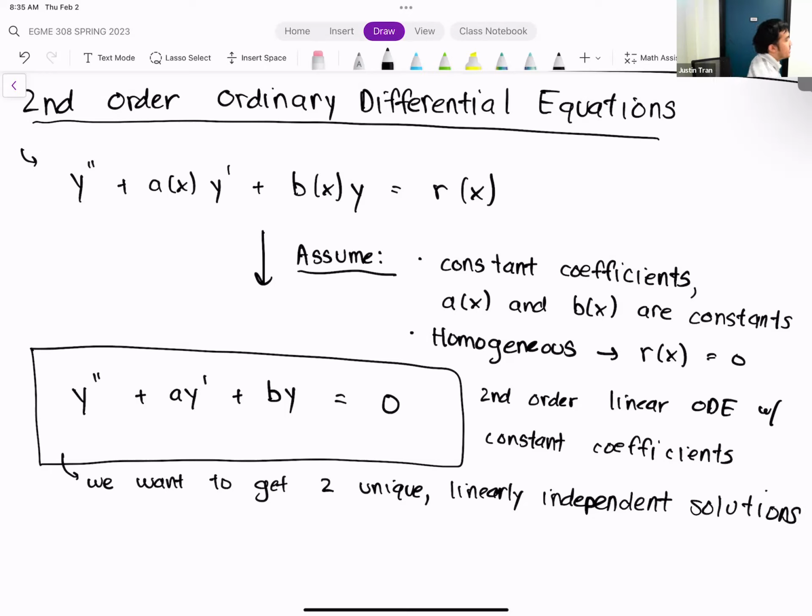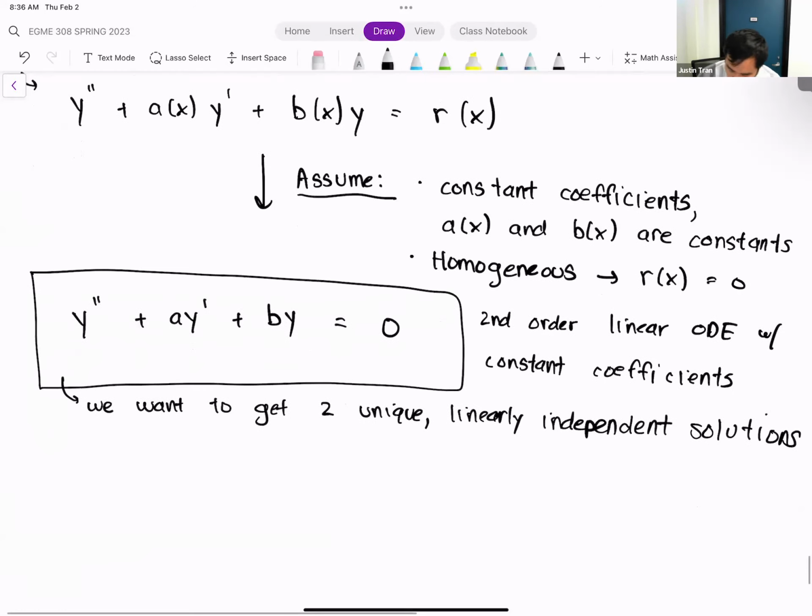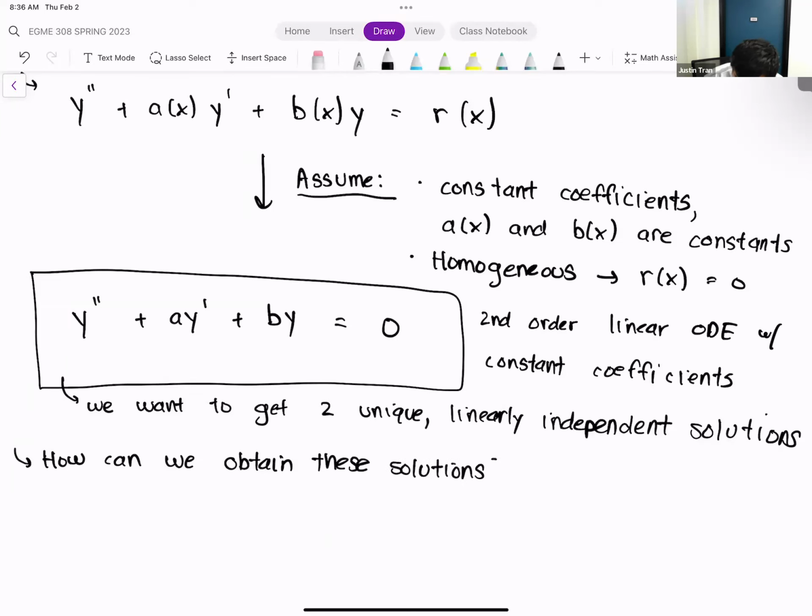And so our first order of business today is to take this simplified equation and come up with a way to obtain those two linearly independent solutions. So that's our first goal for today: how can we get solutions from these?